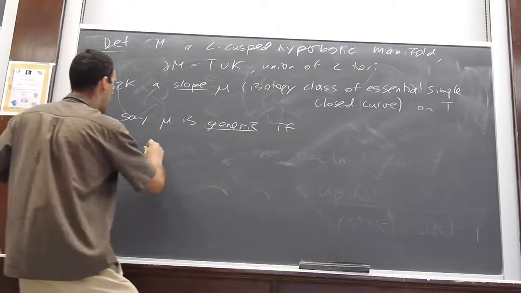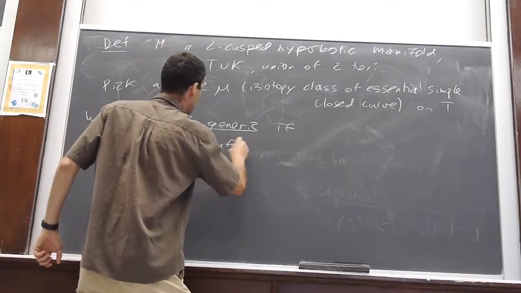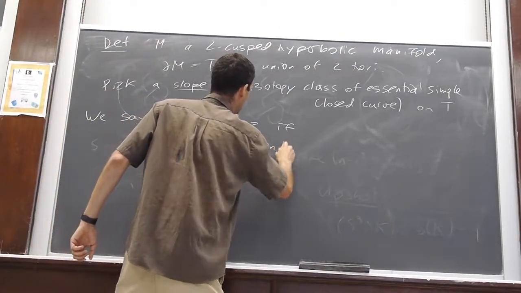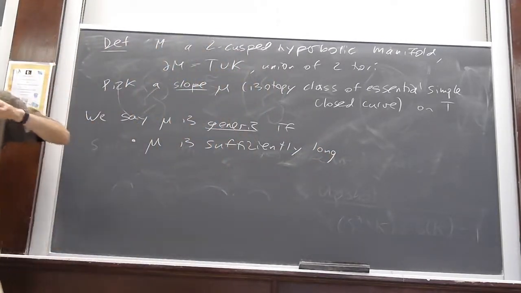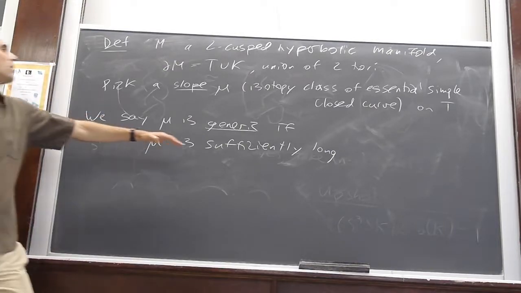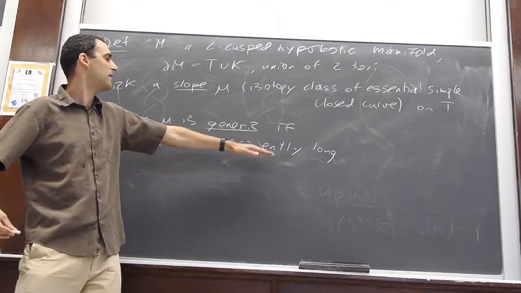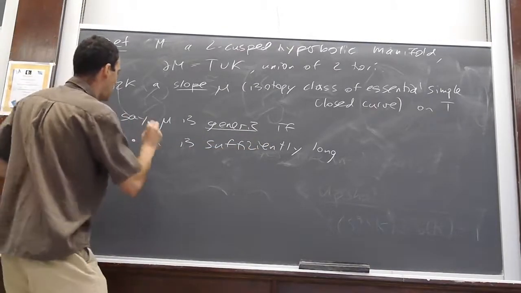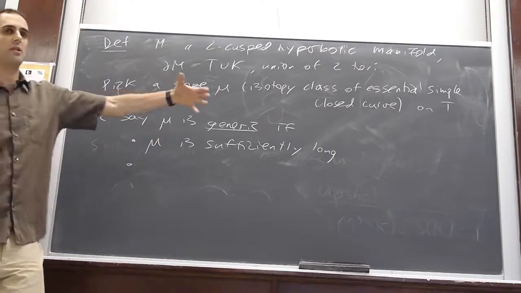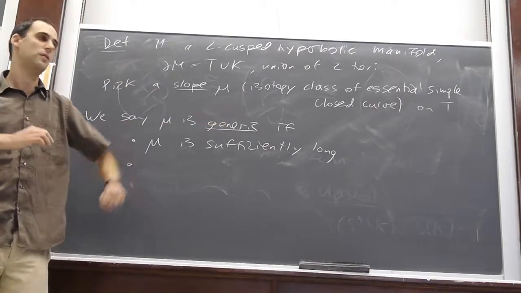So first of all, I want the slope to be sufficiently long in some choice of Horoball neighborhood for T. Really, if I don't quantify sufficiently, then I don't have to say how big the horoball is. And not only that, but the shortest longitude for it, which is the shortest curve that intersects it once, is also sufficiently long.